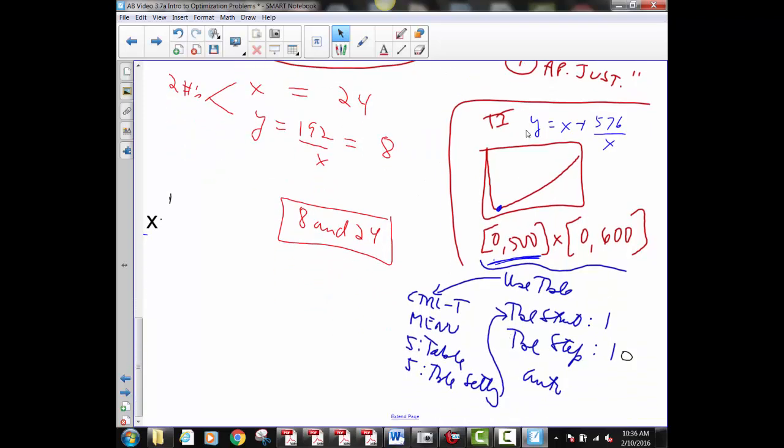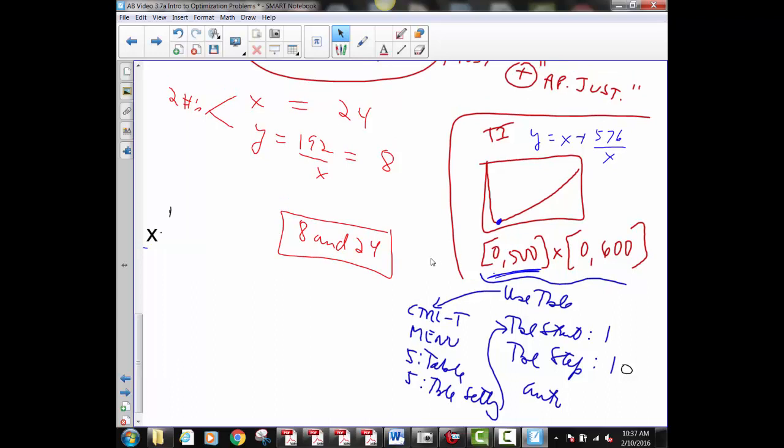Now, you could check this. Let's say you did it on your calculator. The thing is, you're going to need a really good domain. Because if you just do minus 10 to 10, minus 10 to 10, you'll see absolutely nothing. The one thing that's for sure is that your x component is going to be positive, because they said they were positive numbers.